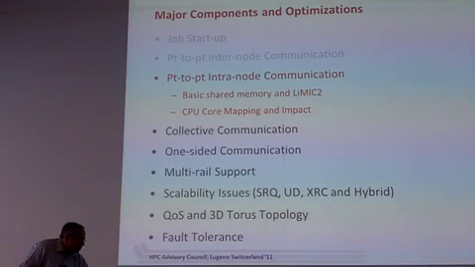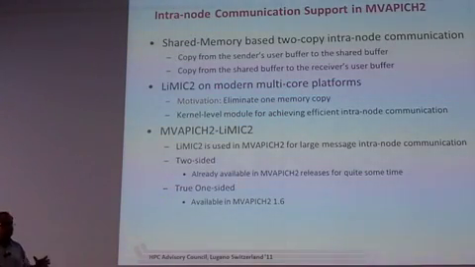So now let's go to the same issues with intra-node, and that is becoming even more important these days because multi-core platforms are coming, and within the node, all kinds of issues are happening. Very traditionally, we have a copy from the sender's user buffer to the shared buffer, so that means there are two copies involved.